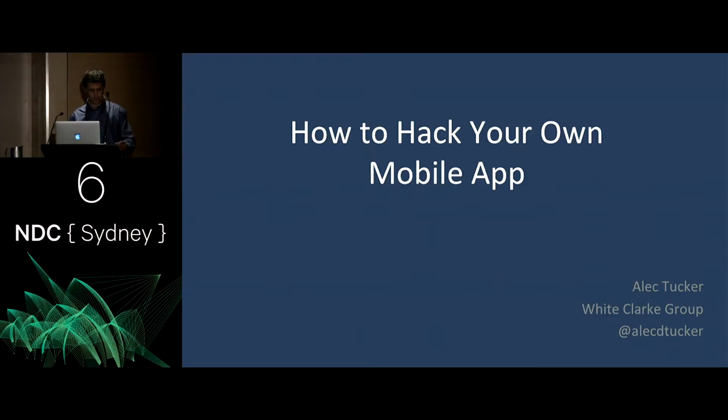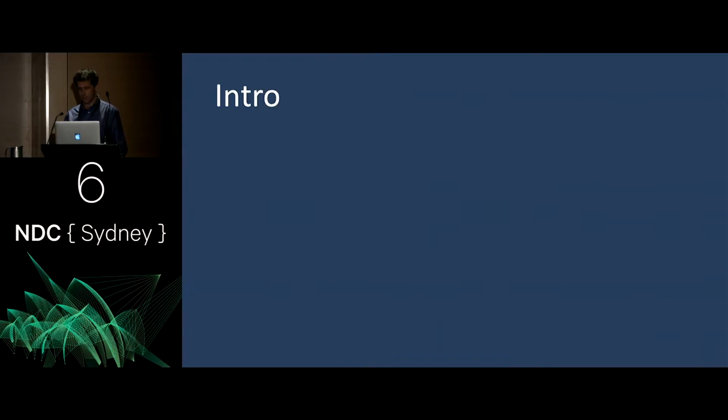But today, here's what we're going to be looking at. I'll start with a couple of common myths when it comes to mobile security and reasons that people are often a bit more relaxed about it all than would be ideal.